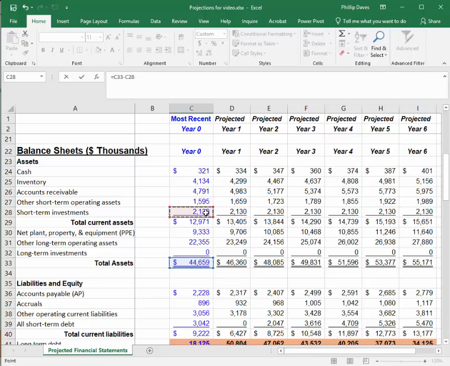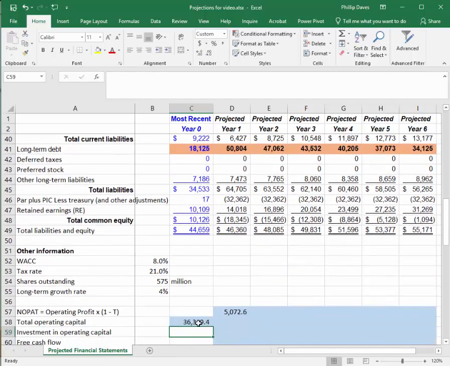And that would be our operating assets. And from that, we subtract off accounts payable, and we subtract off accruals, and we subtract off other operating current liabilities, but we do not subtract off short-term debt. We do not subtract off current portion of long-term debt. We do not subtract off notes payable, because notes payable is another word for short-term debt. And that gives us total operating capital in our most recent year, the year that's already happened.